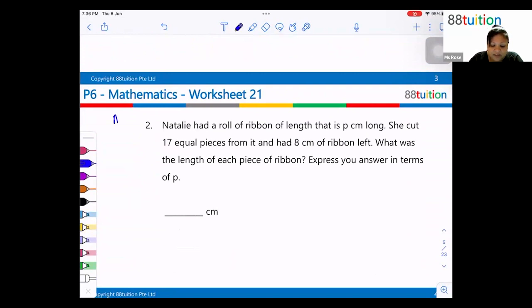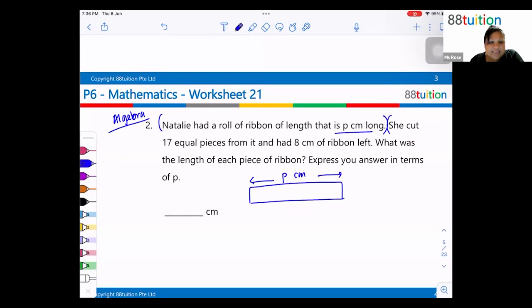The next question is an algebra question. Natalie had a roll of ribbon of length P cm long. If you're not able to visualize, then just draw. The roll of ribbon of length P cm. She cut 17 equal pieces.